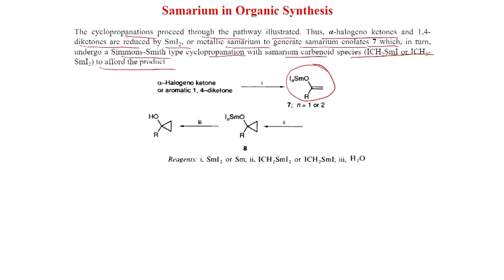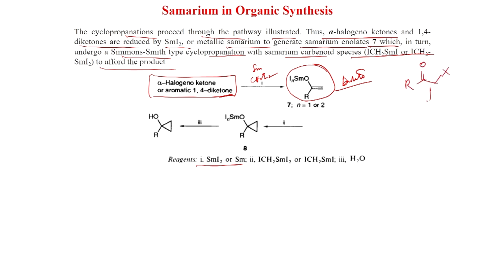So, alpha halogenoketone or aromatic 1,4-diketone, that also we will see. When you treat with samarium and CH2I2, then you get this enolate, or you simply start with samarium iodide here, this enolate will form. So, enolate. So, what is happening here?